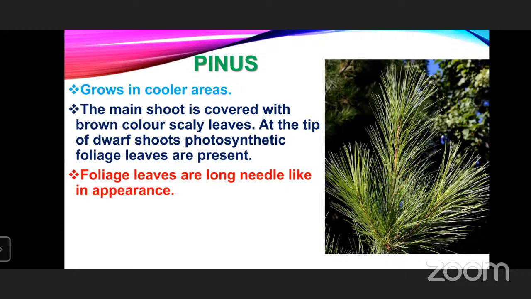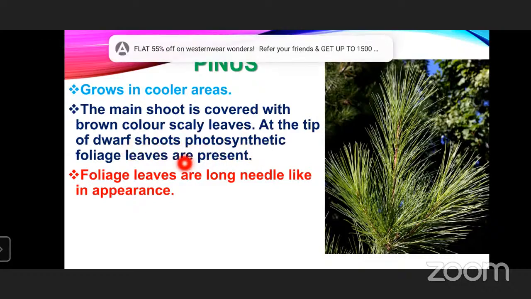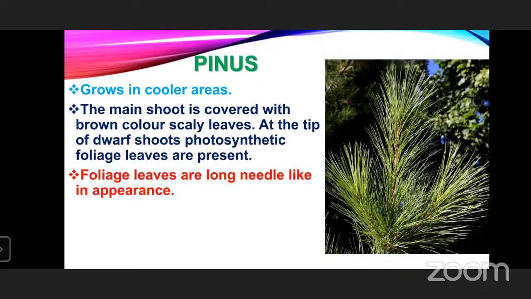So this is the image of Pinus plant. It is conical in shape and grows in cool climatic areas. When we observe the plant body, the main shoot is covered with brown colored scaly leaves. At the tip of the dwarf shoots, photosynthetic foliage leaves are present.